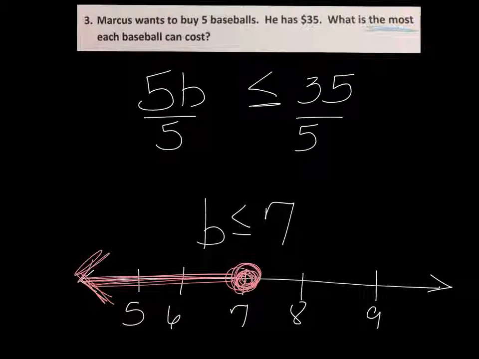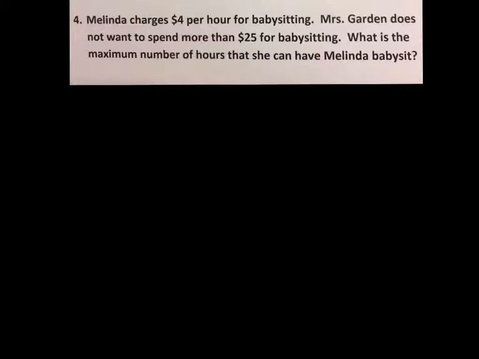Alright, last one. Melinda charges $4 per hour for babysitting. Mrs. Garden does not want to spend more than $25. What is the maximum number of hours she can have Melinda babysit? So she charges $4 per hour, and this lady is not spending any more than $25. So this has to be less than or equal to $25.